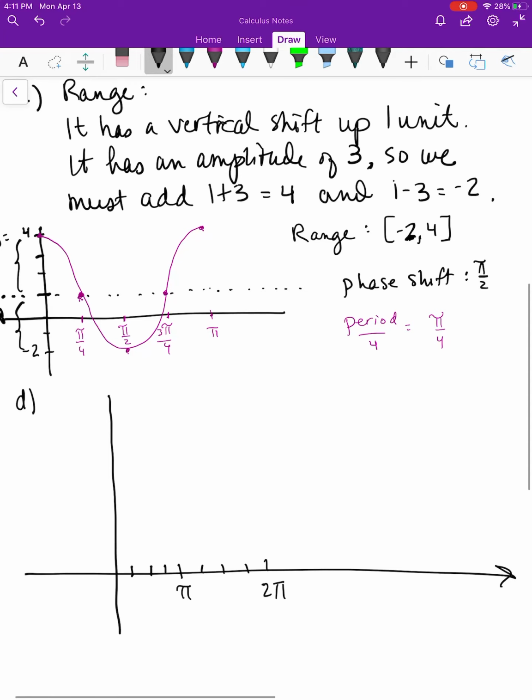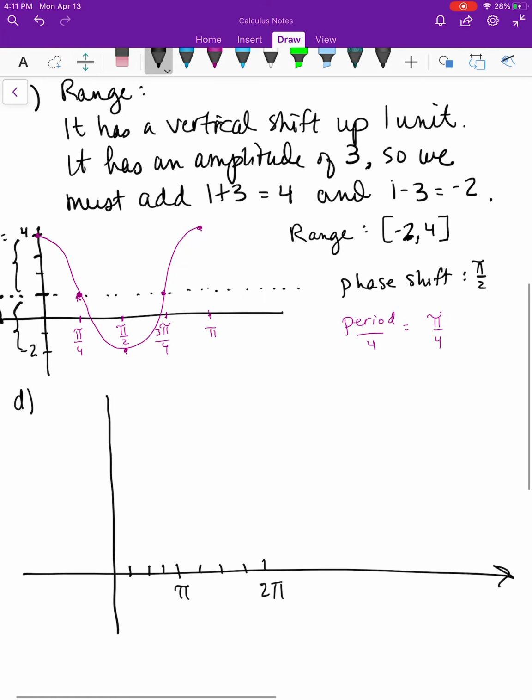And we said we were breaking this up into fourths. Okay, and so this was pi over 4, pi over 2, 3 pi over 4, that's 4 pi over 4, 5 pi over 4, 6 pi over 4 is 3 pi over 2, 7 pi over 4, 8 pi over 4 is 2 pi.